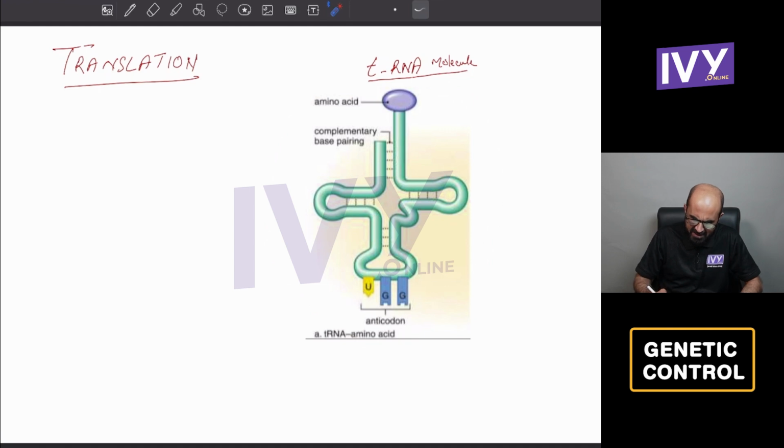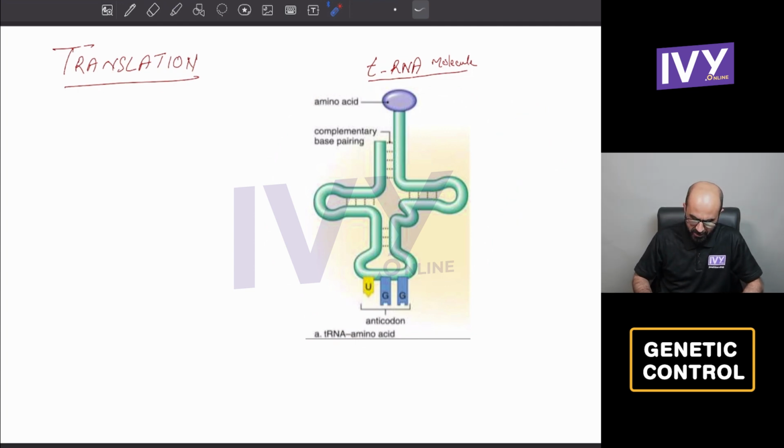Unlike DNA, it is a single-stranded structure like a leaf of a clover plant, and it has hydrogen bonding because of its loopy structure. Otherwise it is a single strand, not a double-stranded structure.